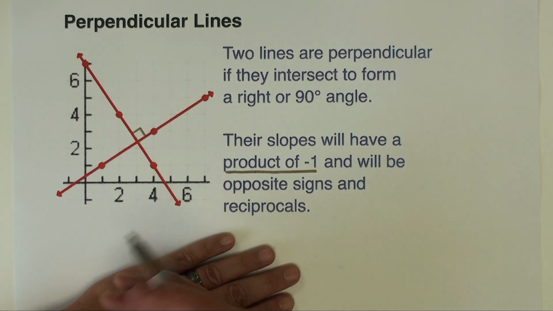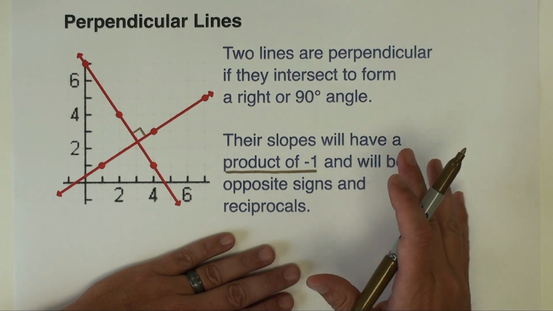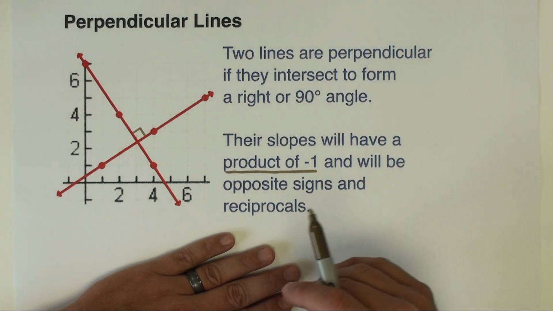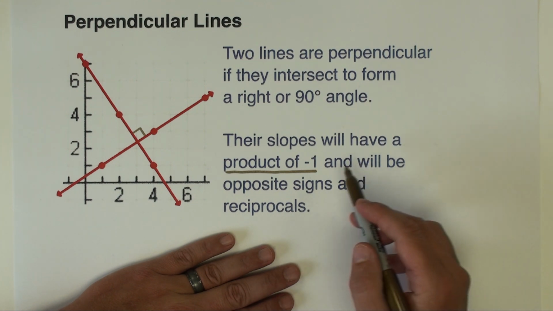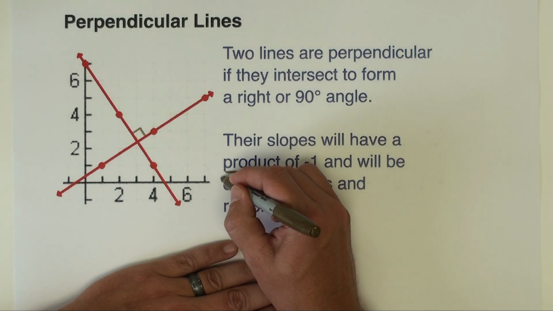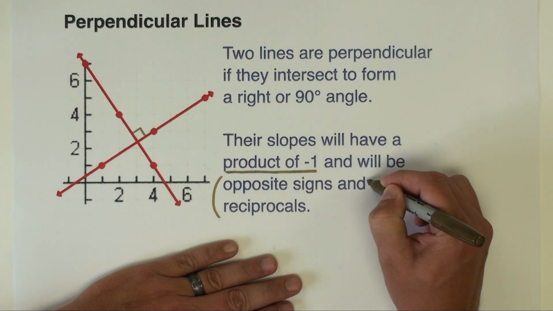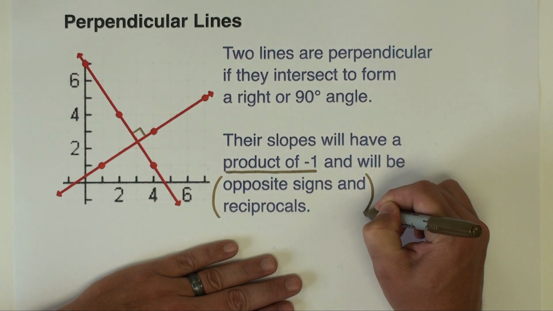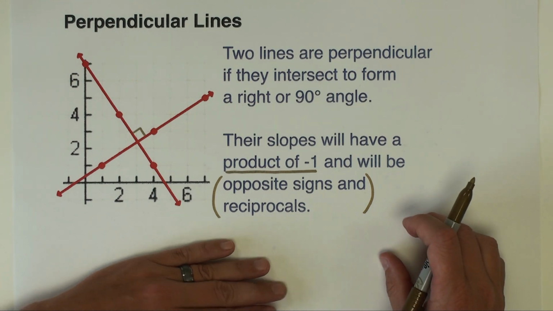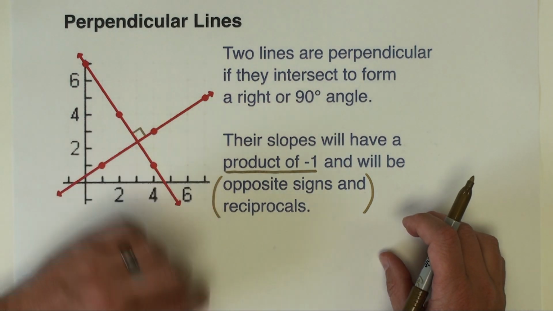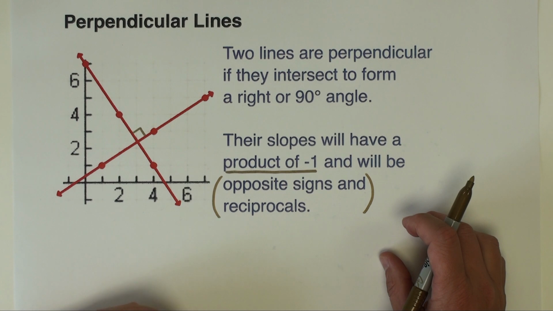Now that's neat, we can possibly use it, but it's not super helpful for writing equations of lines. The second part is the slopes of perpendicular lines are opposite signs and reciprocals of each other. Okay, so that's what we need. That's what we're going to carry into the next problem as we do our final example problem of this video.